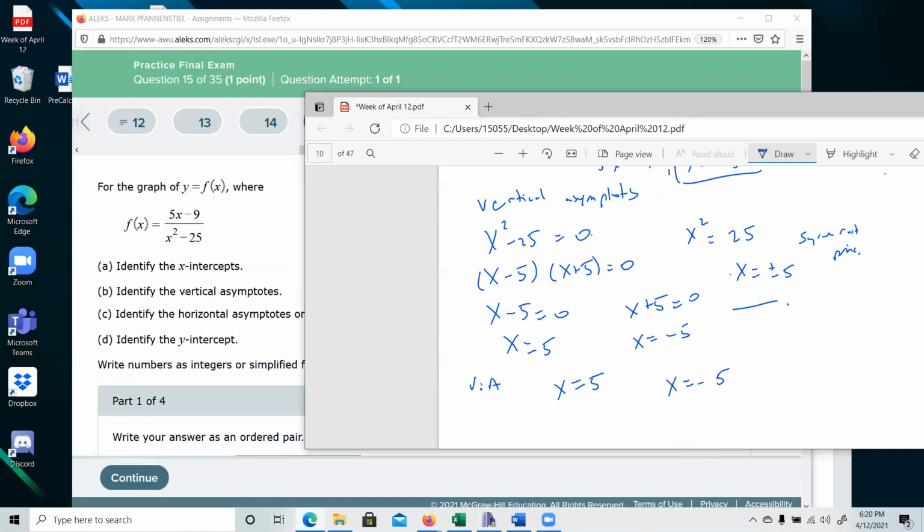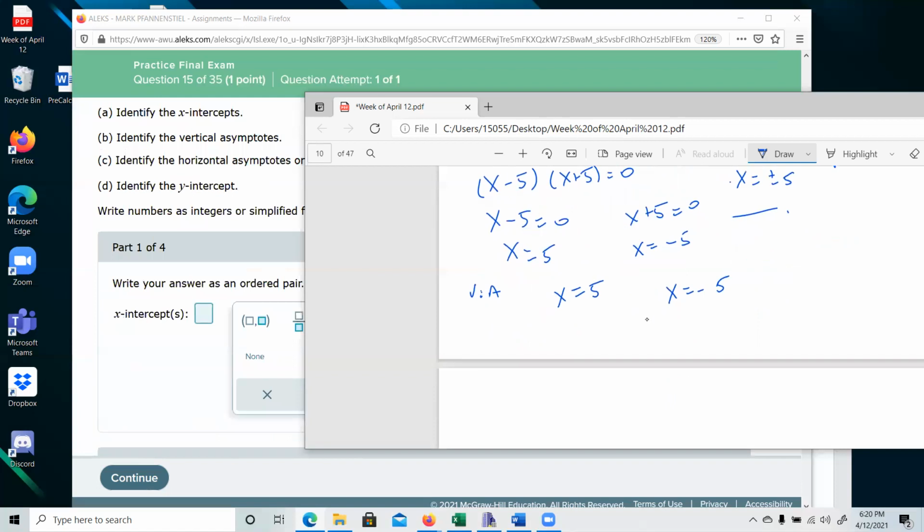Horizontal asymptote. This one, you guys are going to enjoy. What's the degree of the top? The degree of the top is 1. What's the degree of the bottom? That's 2.